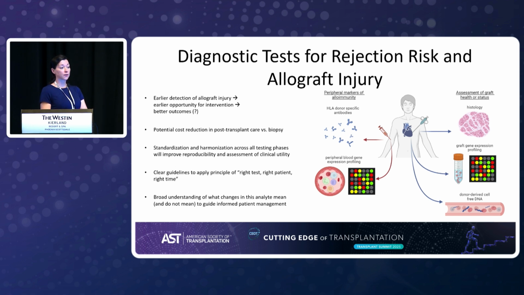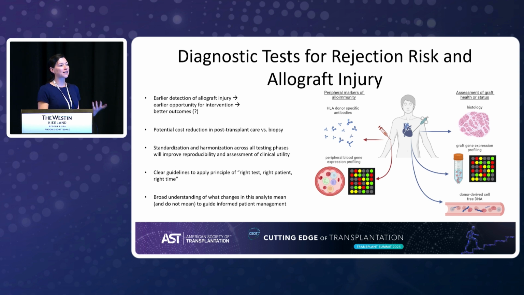Again, there's a potential reduction in cost in post-transplant care, but most of the studies have not performed a cost analysis. And as we've heard over this whole session, we need standardization and harmonization. Standardization of procedures, standardization of interpretation, and, sorry to the clinicians, but also standardization of actionability of the results.